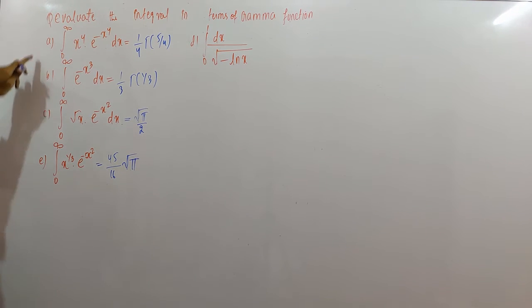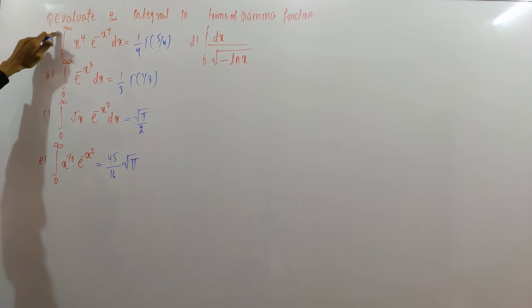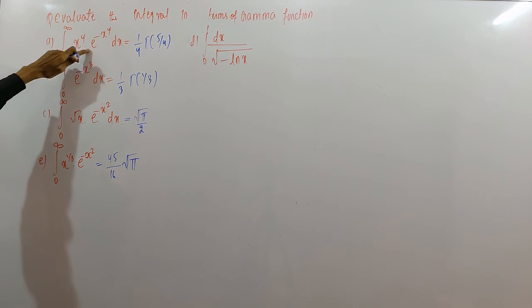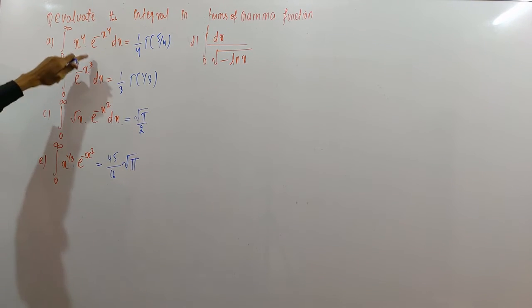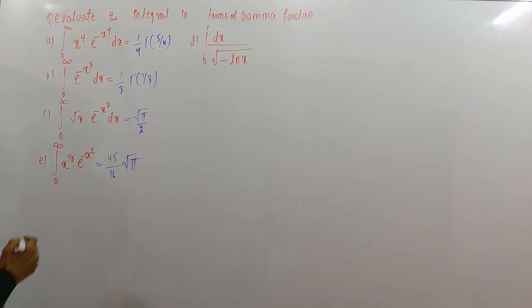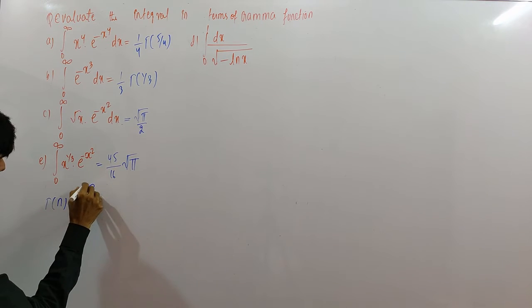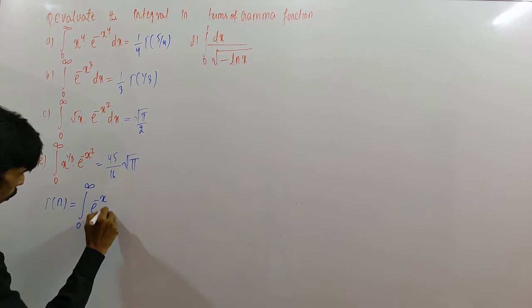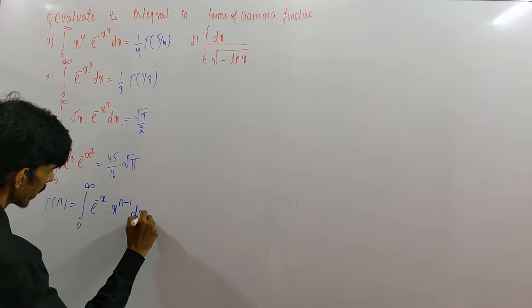In all of these questions we have seen that the limit of integration is 0 to infinity, and everywhere we have an exponential term. So all these questions will be solved by using the gamma function. We know that gamma of n is the integral from 0 to infinity of e to the power of minus x, x to the power of n minus 1 dx.